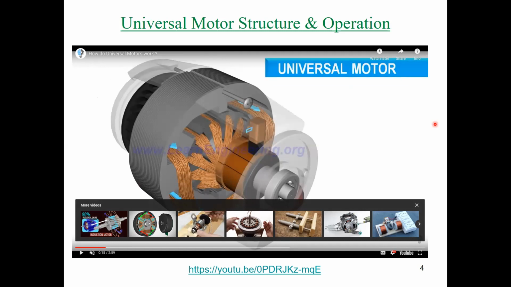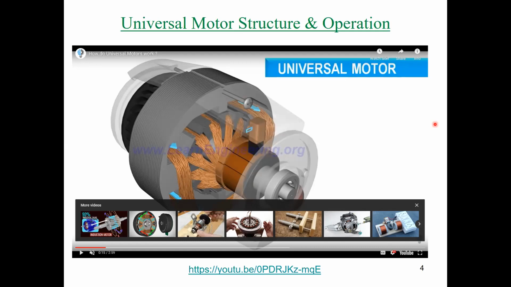This winding is connected in series, so we have one field winding connected in series with the armature winding. This motor can be supplied by DC or by AC. For that, we call it universal, because it's possible to supply this motor by a DC source or an AC source.